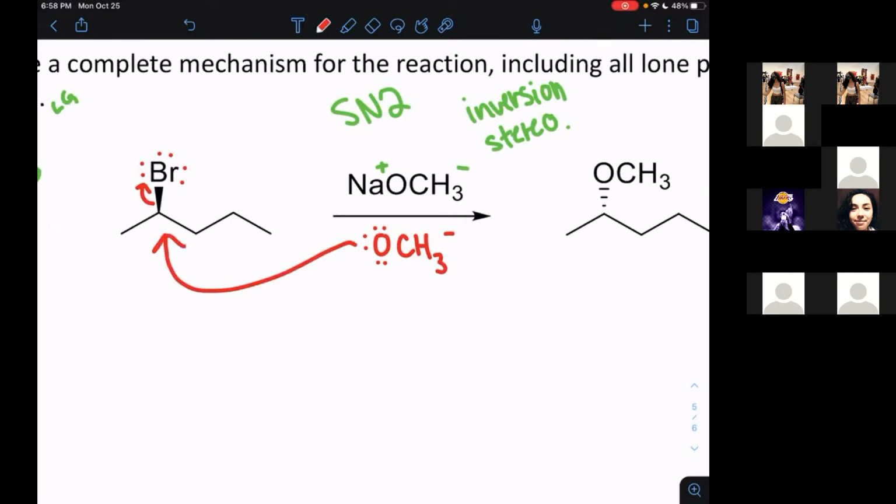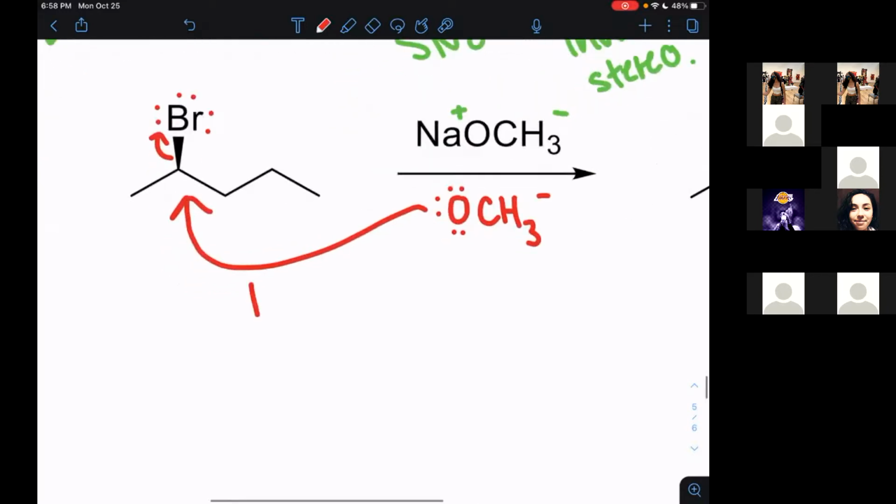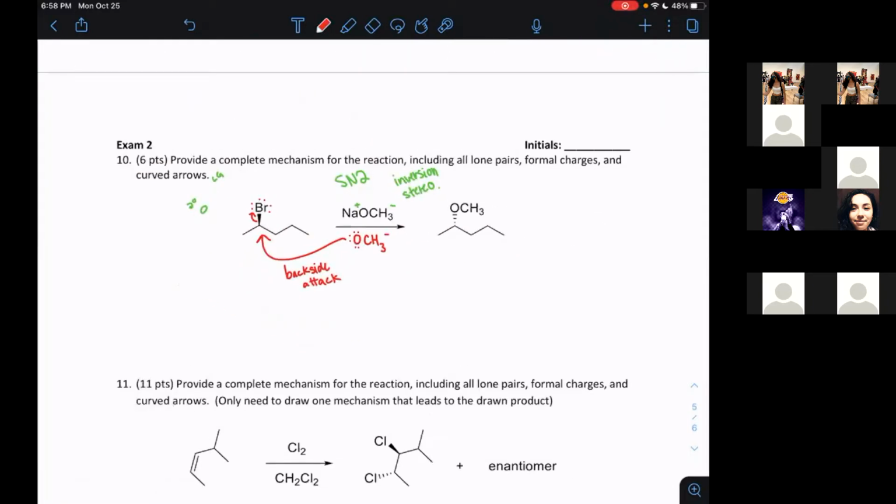Yeah, and then it's backside attack, which is probably going to be important when you draw the arrow, because we know it gets inverted. So yeah, that's the whole mechanism, right? Just do it right there. Yeah. Cool.